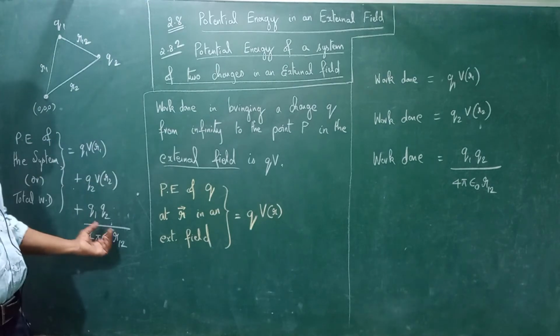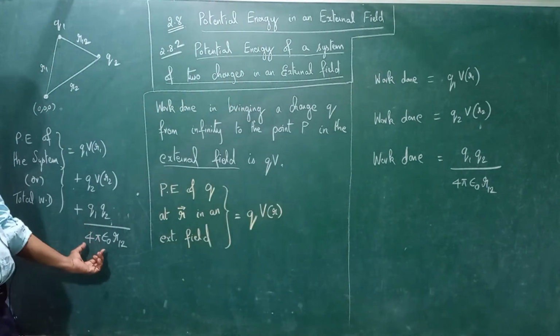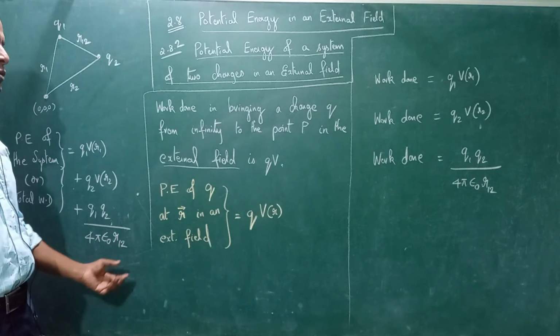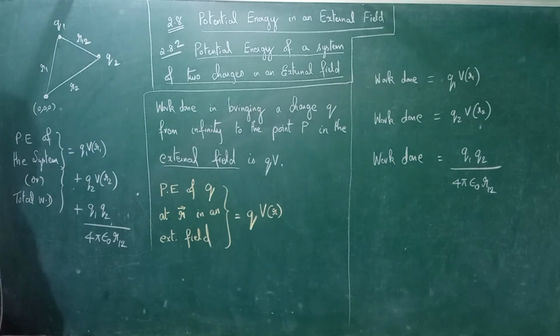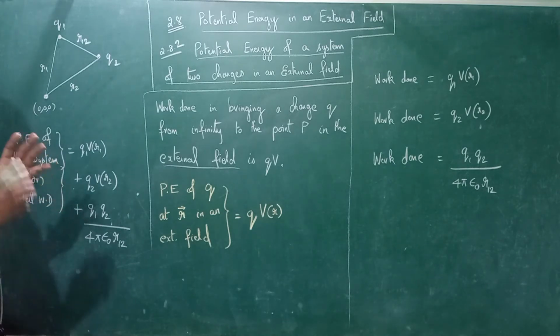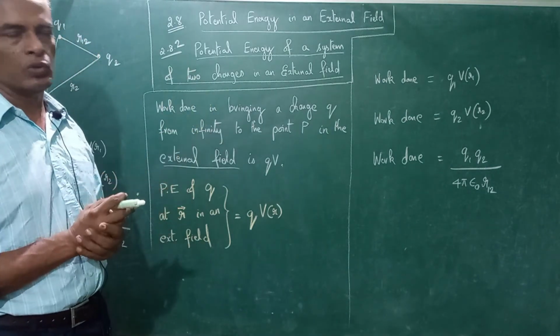For that we make use of the third case, which is Q1 Q2 divided by 4 pi epsilon naught R12. If you add all these, you will get the total work done by the system because of these two charges, and we call it the potential energy of the whole system. Whole system in the sense we are considering only two charges.